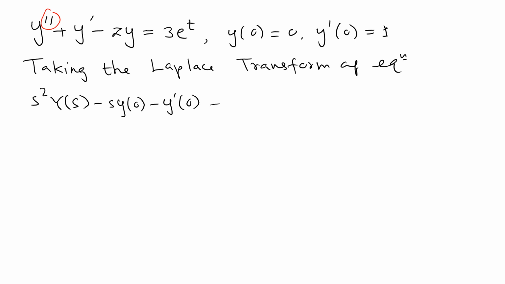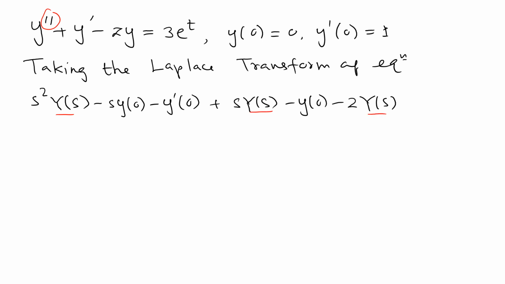The second term is y prime, the first derivative, so that gives you s Y(s) minus y(0). That's the second term. And the third term is a minus 2 times the same Y(s). You can see the same Y(s) appears in all three places, and all the other ones are lowercase.